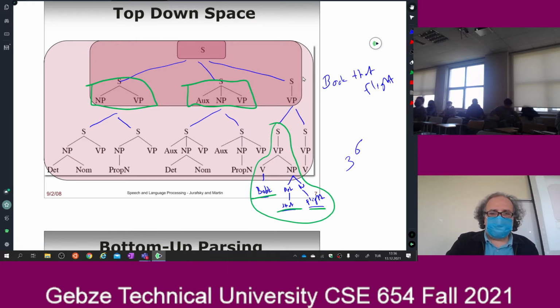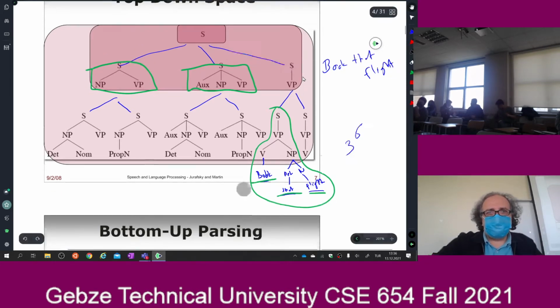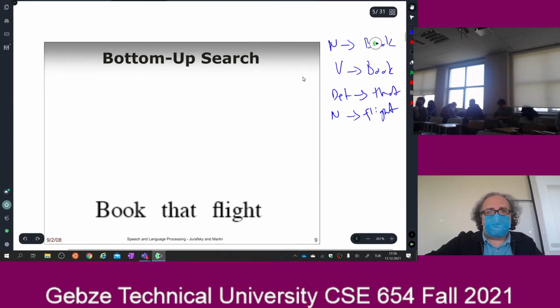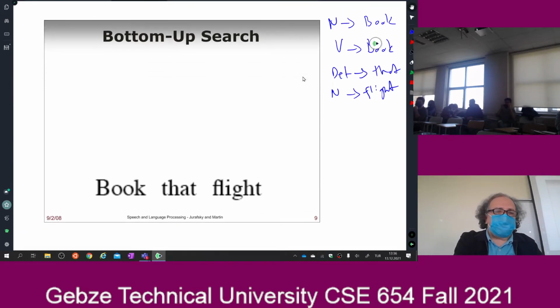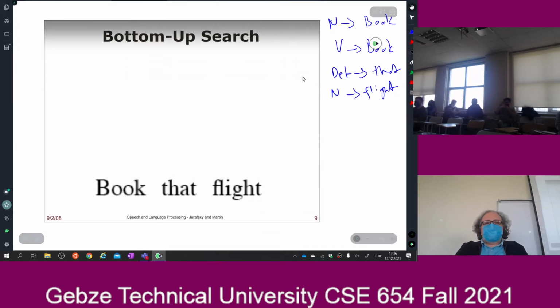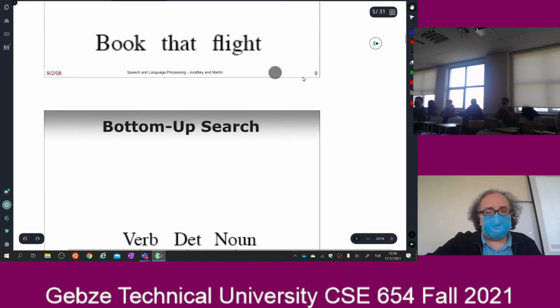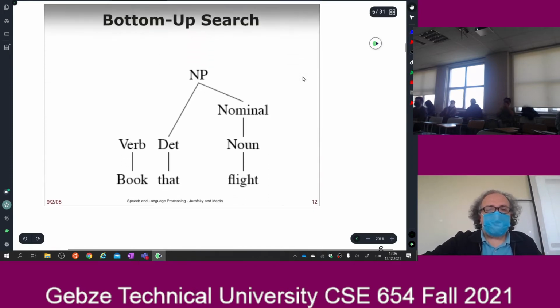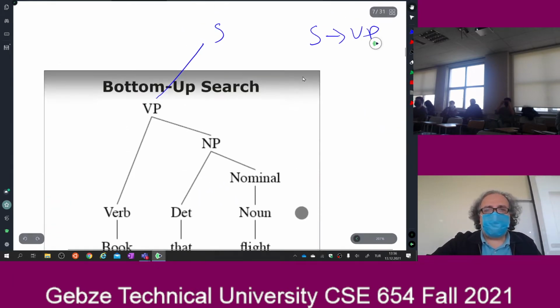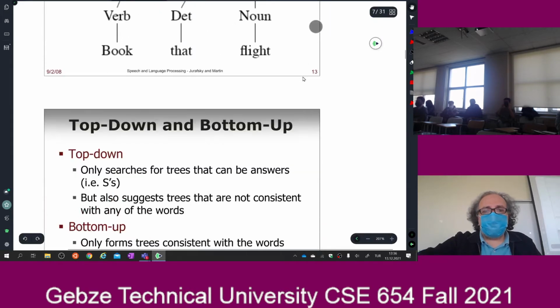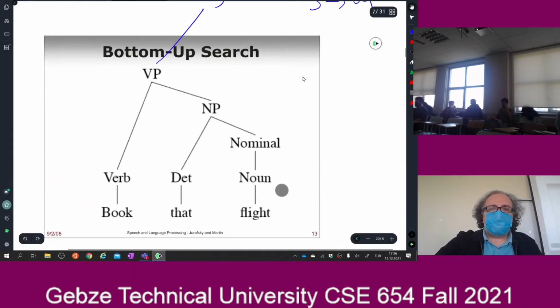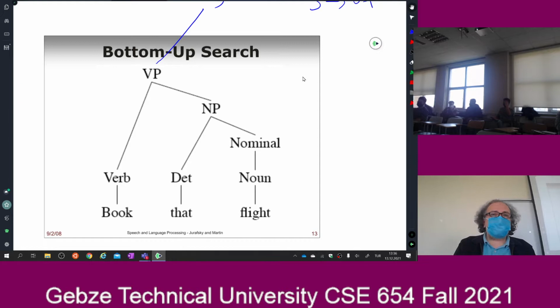Some of them will go to this "book that flight" explanation of the sentence. This was the top down, and we have the bottom up later. We start with the sentence itself, and we come up with all compatible subtrees. And when they grow, we hope to come up with a complete tree that explains the whole thing. Okay, so this is the bottom-up search.